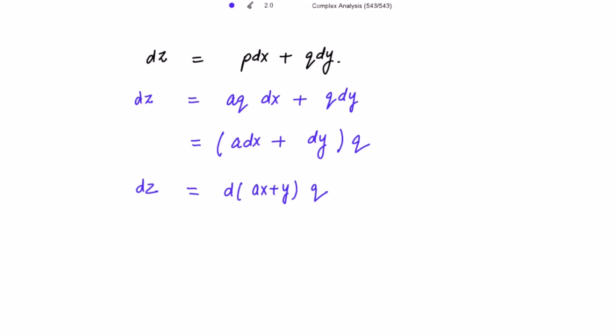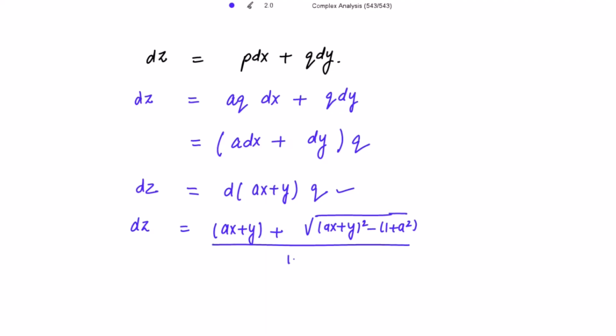Here we have dz. So now we are going to put the value of q. I'm writing here the value of q to be (ax plus y) plus the square root of (ax plus y) whole square minus (1 plus a square), divided by 1 plus a square. This is the value for q into the derivative of ax plus y.